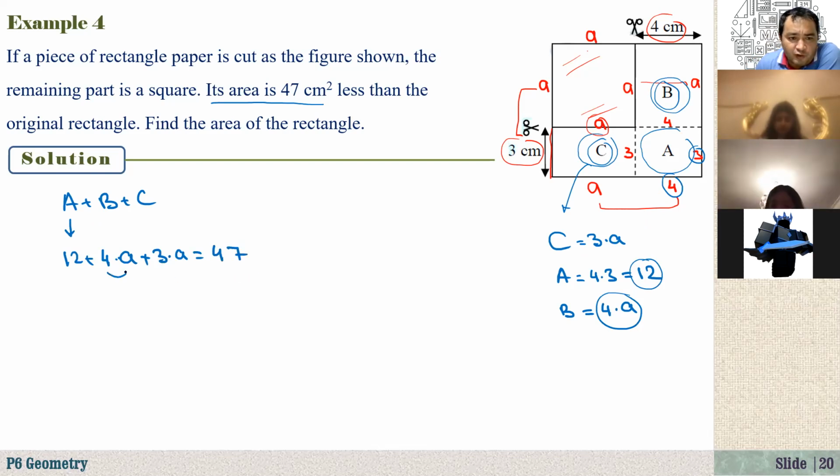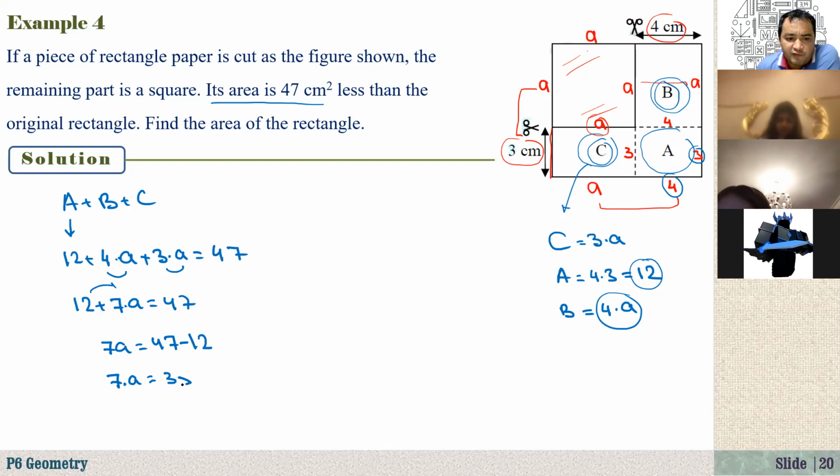Now we have 4A and 3A, that's equal to 7A. So 12 plus 7A is equal to 47. If I take 12 to the right-hand side, 7A becomes 47 minus 12. That means 7A is equal to 35.